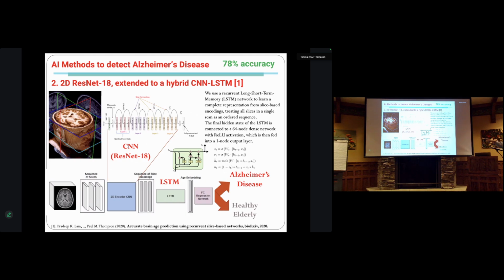LSTMs are often used to process text. And you say, when we have a sequence of decisions from the 2D images, could you tell me overall what the chance of the disease is? And these work okay. They do better, 78% accuracy. They do better than choosing the features. They learn the features, but you're only looking in 2D. Maybe out of plane there's something interesting that isn't seen.